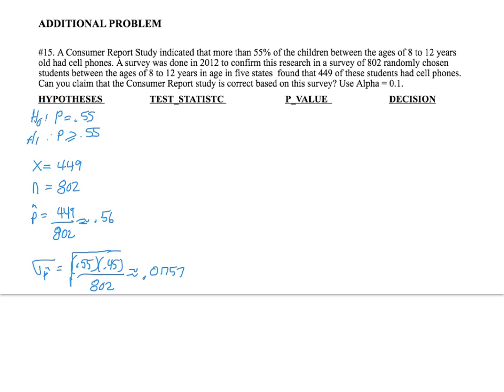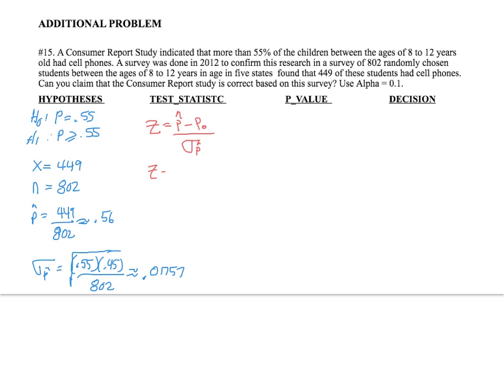So for our test statistic, we're going to have the z-test, of course. And let's see, z is equal to p hat minus p naught divided by my standard error, right? There it is.